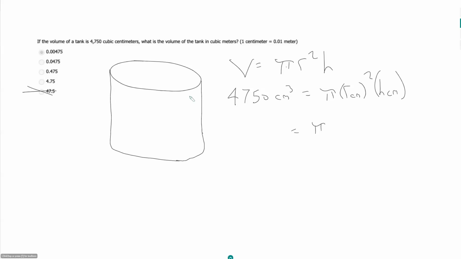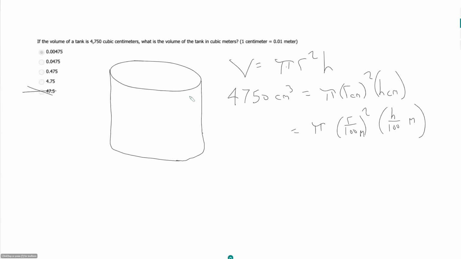If our radius is r centimeters, it's going to be r over 100 meters, so now we have r over 100 squared. And if our height was h centimeters before, now it would be h over 100 meters.